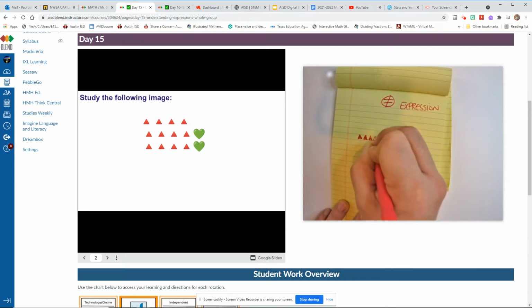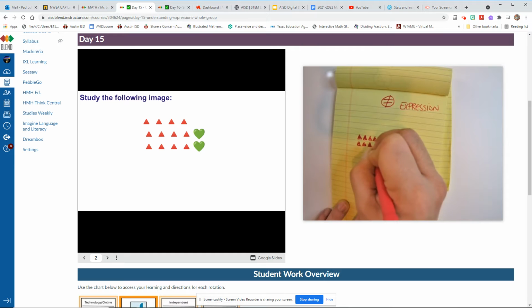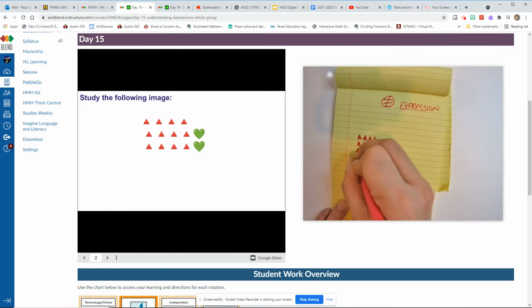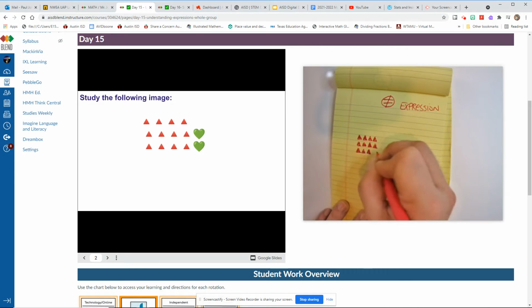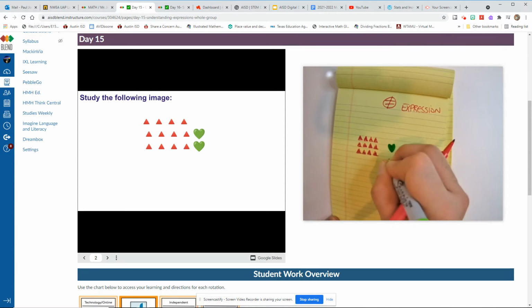There's 4, here is 8, well, not yet. Now there's 8, and then finally 12. And then next to that there's 2 big old lime green hearts.